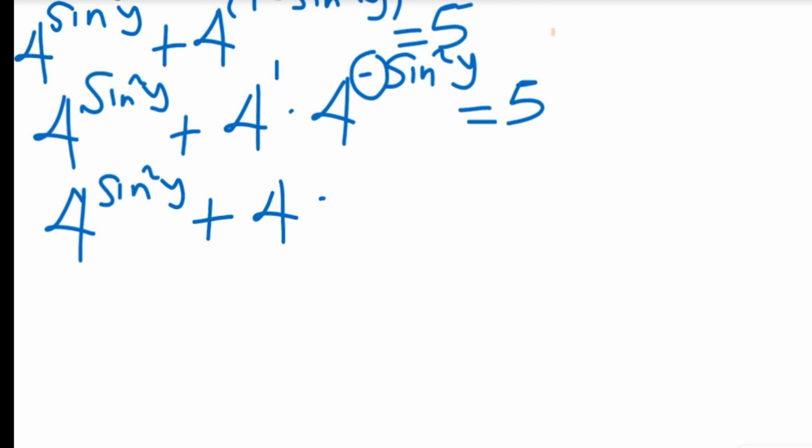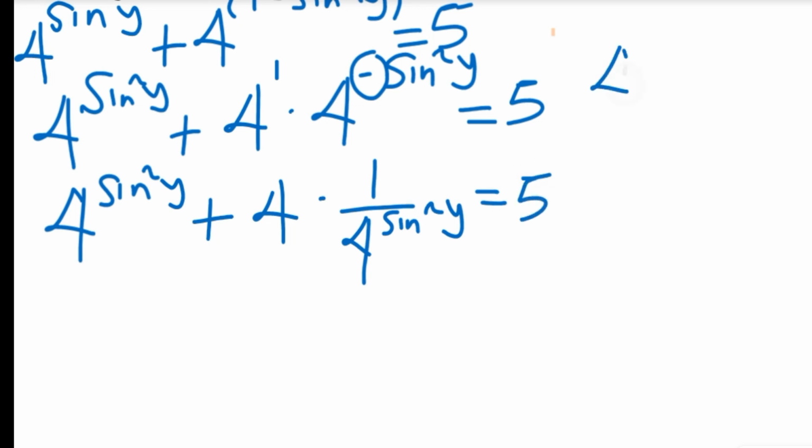So we'll have 1 over 4 to the power of sine square y, and that will be equal to 5. Now let's take 4 to the power of sine square y to be equal to m.